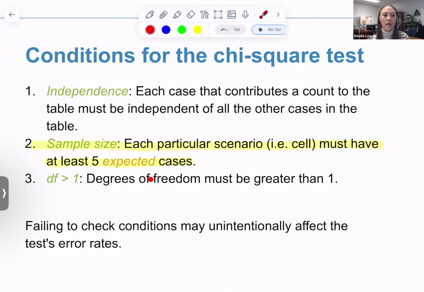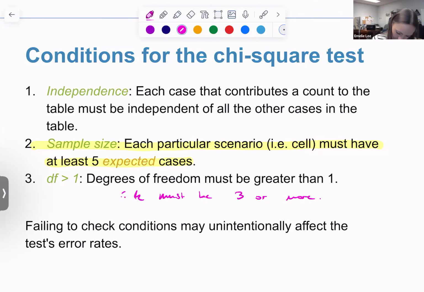And then it goes without saying that the degrees of freedom has to be more than 1, which means that K must be 3 or more. Strictly greater than 1 degrees of freedom means 2 or more, and so if we have 2 degrees of freedom, I have 3 categories.